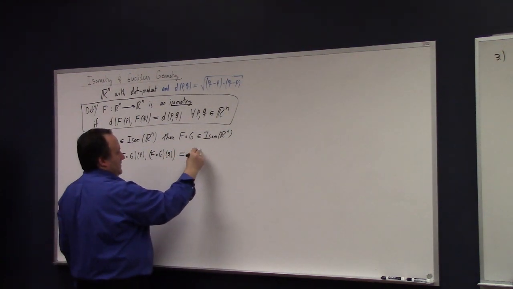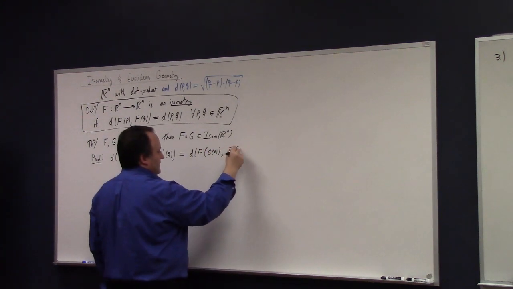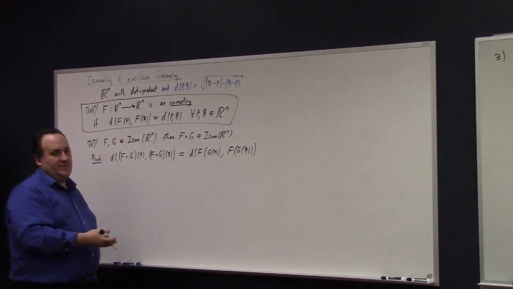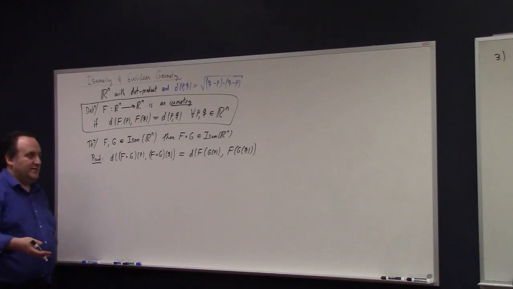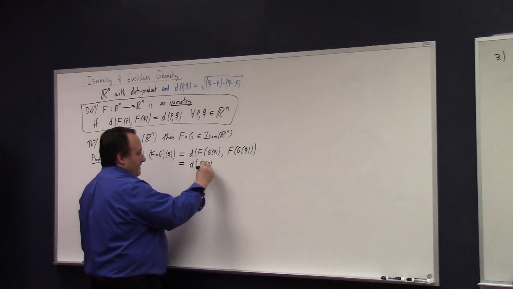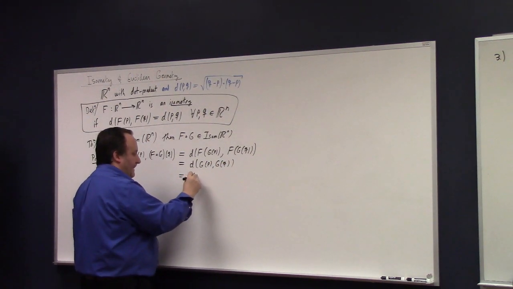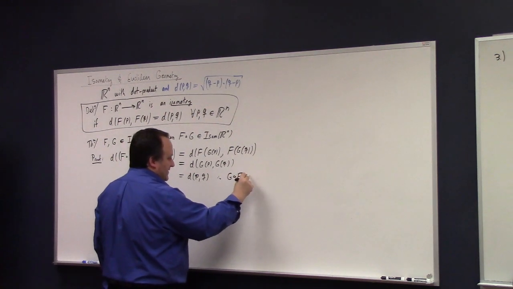Distance of F of G of P, F of G of Q. But what's G of P and G of Q? Well, they're just points in Rn, right? So because F is an isometry, I can drop the F. And because G is an isometry, I can drop the G. So therefore, G composed with F is an isometry.